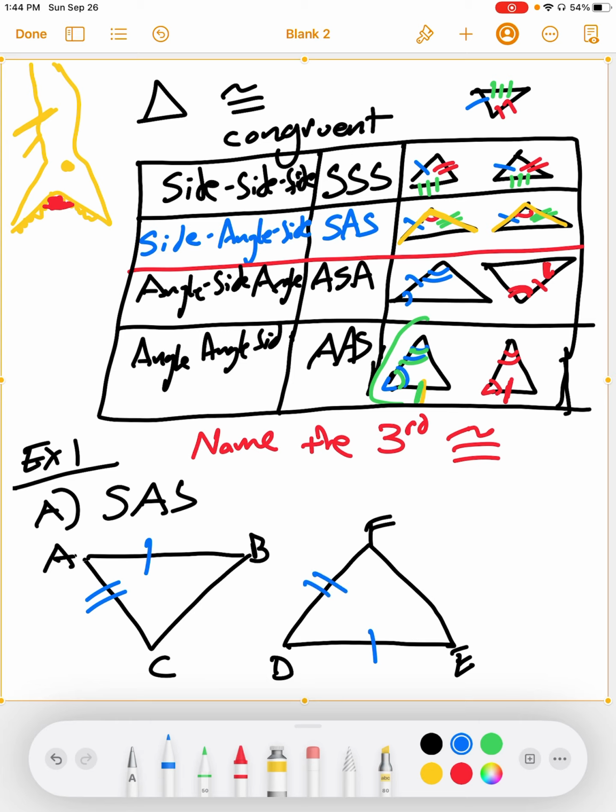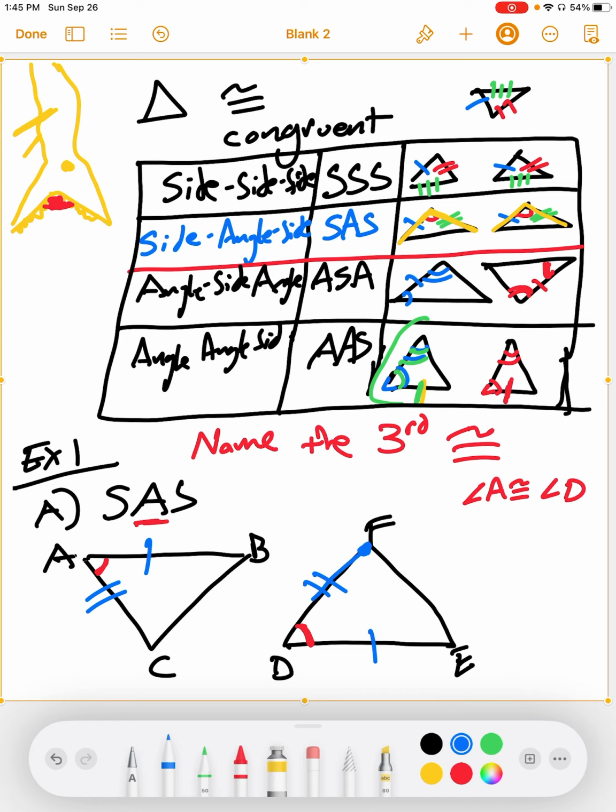So the angle that I need for side, angle, side has to be between my sides. Remember the alligator? It has to be this here. There's three ways we could name that. You could say that's angle A, and it's congruent to angle D. Okay. Another way to do it is say it's F.